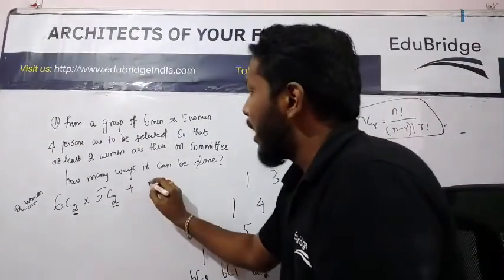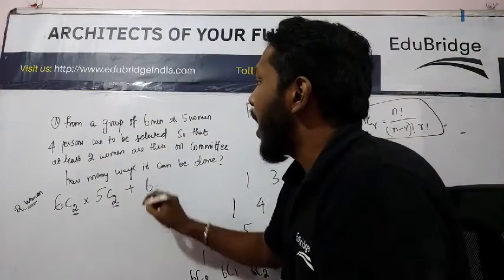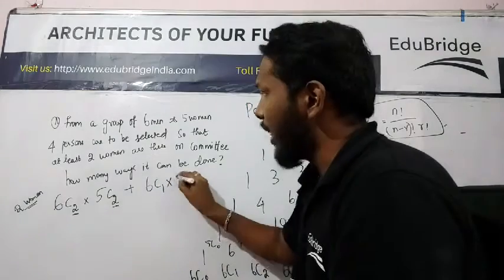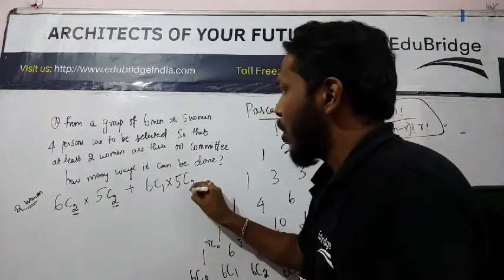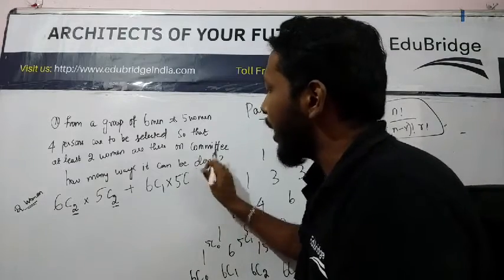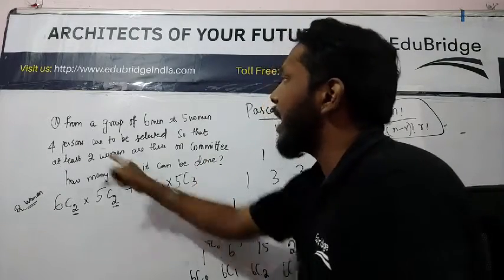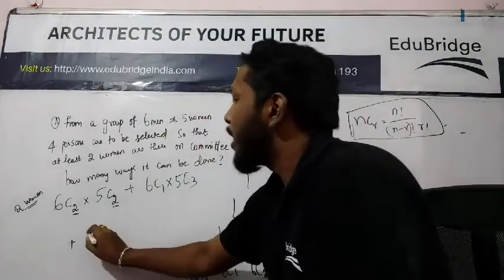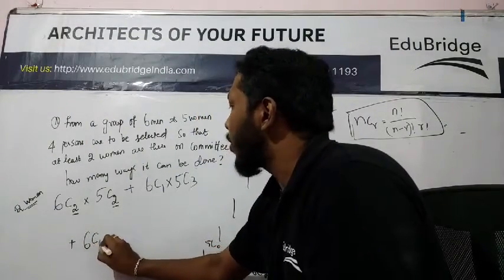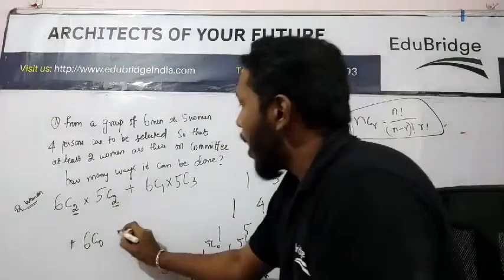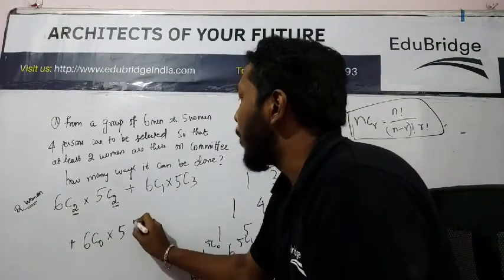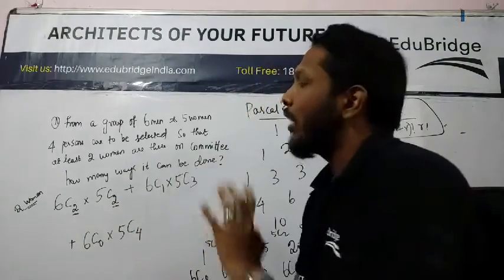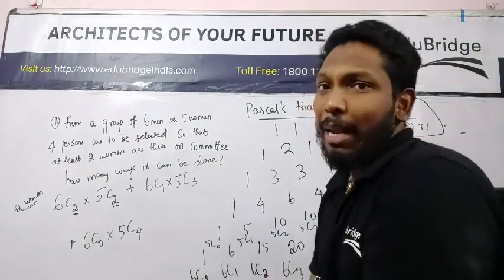Another way is, out of 6 men, I choose 1 man, and out of 5 women, I choose 3, so that it becomes 1 plus 3, 4. And then the last case has no men, but all 4 are women. This is how I can find it.